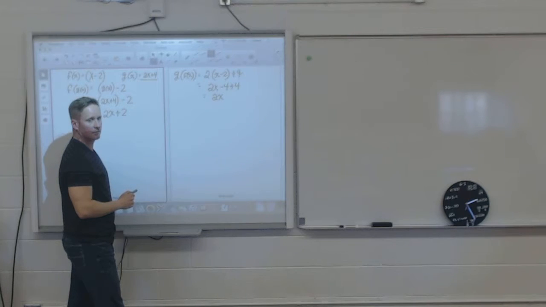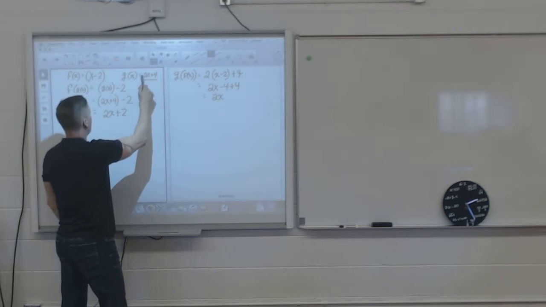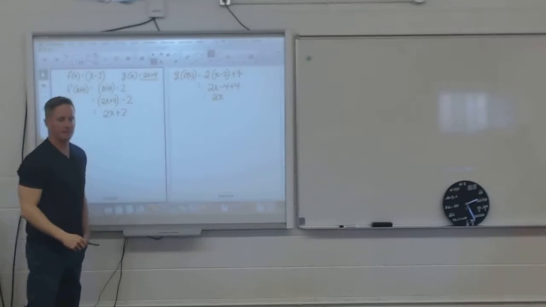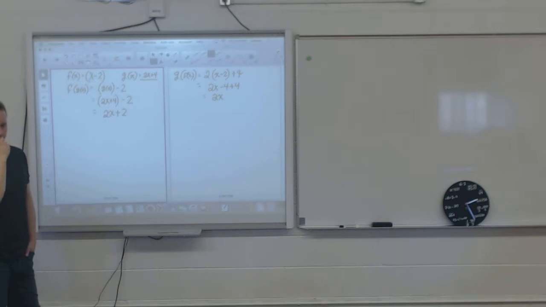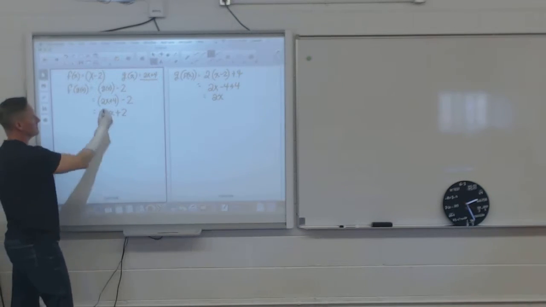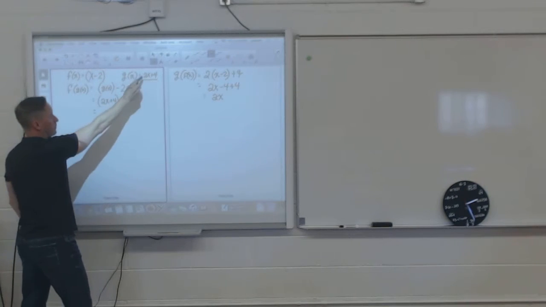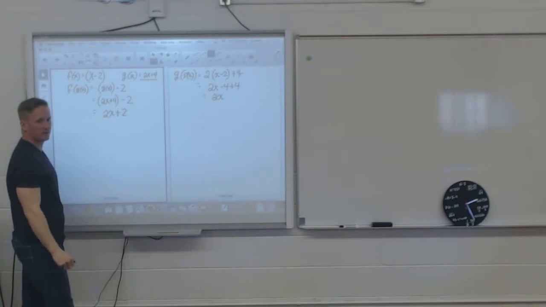Oh, I see. So it becomes 2 times, instead of x, it's x subtract 2. This is my equation, x subtract 2, but I'm putting g of x in there for it.